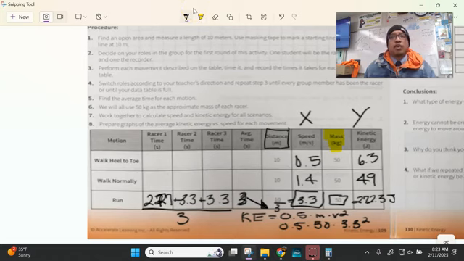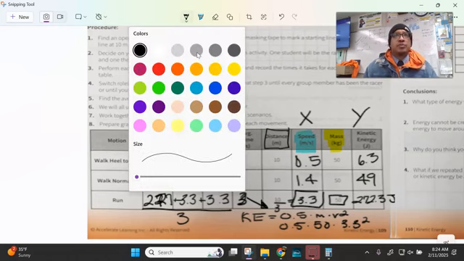And then as far as the v squared, which is going to be the speed squared, that's the 3.3. And again, the speed is coming directly from what we calculate in this column. All right, so then I'm going to show you guys how to put all of that in the calculator.